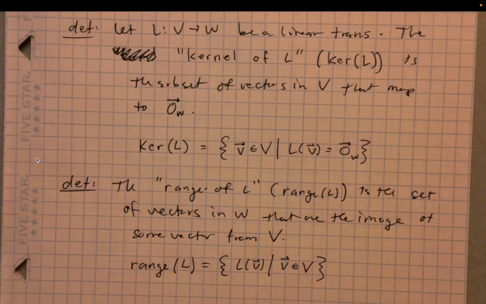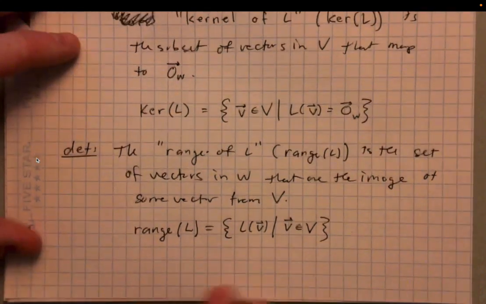Basically, this has the same feel as the range of a regular function. We say the range of a function is all of the values that are the image under the function. So it's the same idea here.